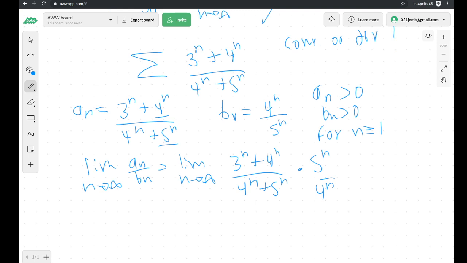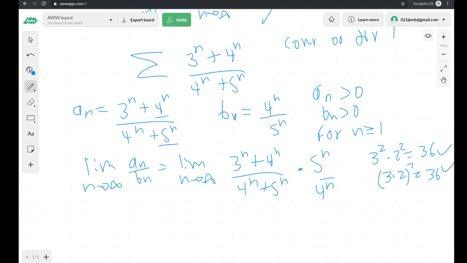You can combine 5^n with 3^n and 4^n. Because if you think about it, 3 squared times, let's say, 2 squared, is equal to 9 times 4, which is 36. And we can say that that's basically 3 times 2 squared, which is 6 squared, which is 36. So that works.